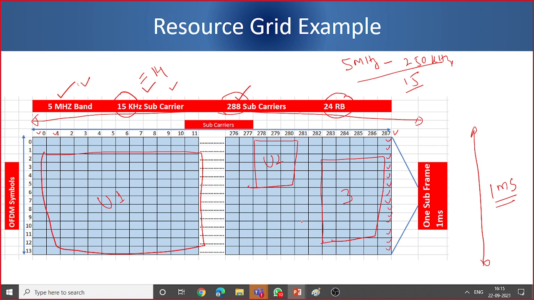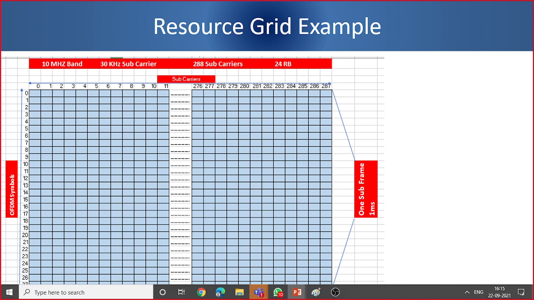That way different users are allocated resources in uplink and downlink direction. Hope this is clear.